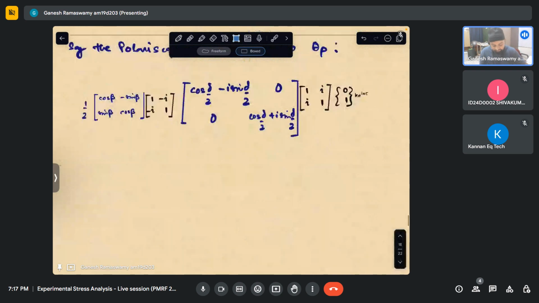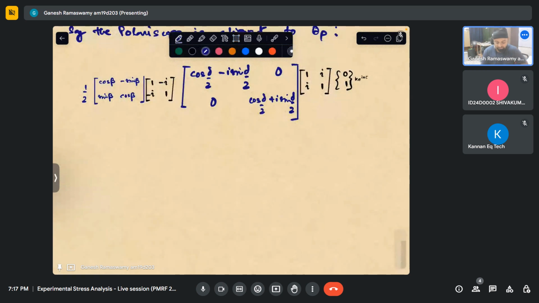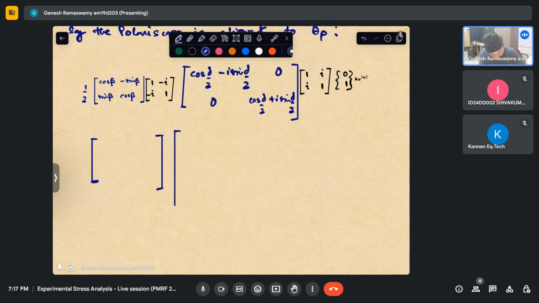Now if you multiply this out, essentially what we will get is, because it's the expression for a circular polariscope, that is why I know this. So it will be sine delta by 2 into cos 2 theta minus i sine 2 theta, and then this will be cos delta by 2.